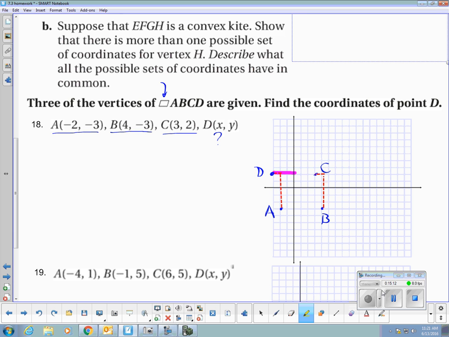It's a parallelogram if I connect these together. All right, so there's parallelogram number 1. And so point D would be at -3, 2.